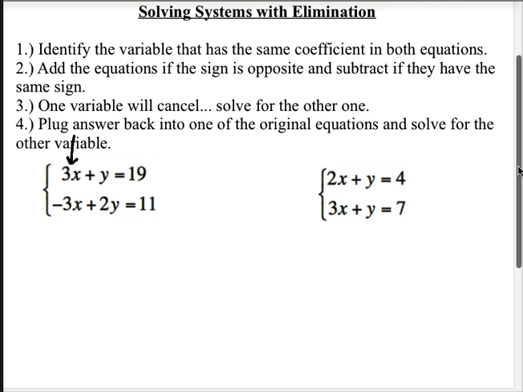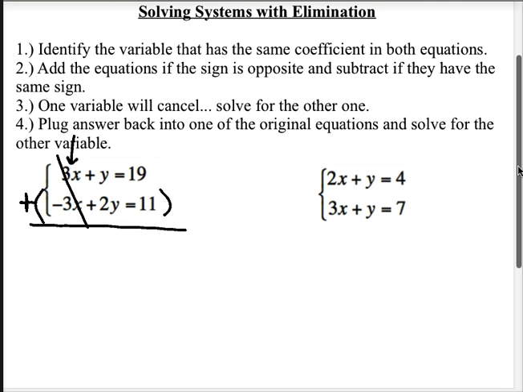The reason that is important is because what would happen if I could combine my equations? If I add these equations together, what ends up happening? Well, 3x plus a negative 3x cancels off. We eliminate that variable altogether.